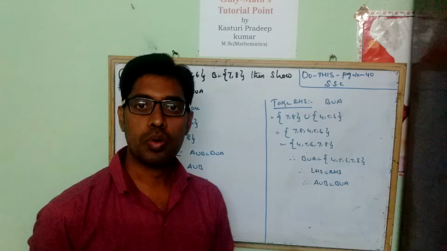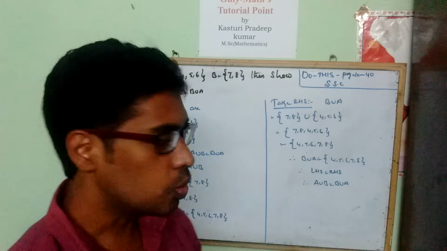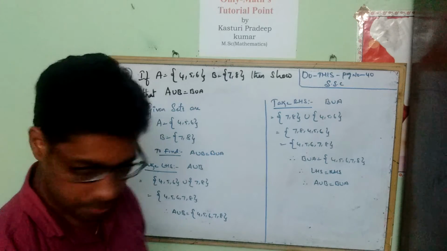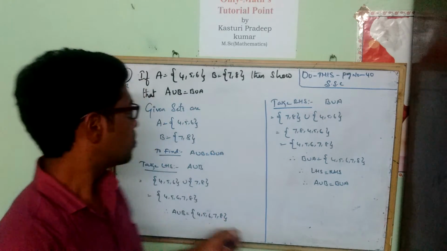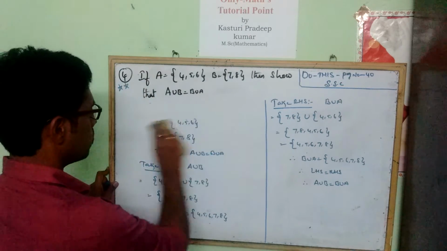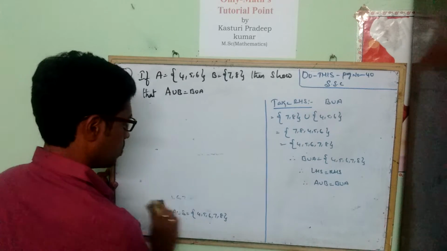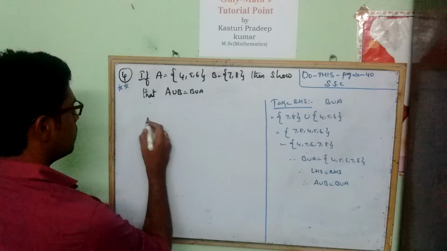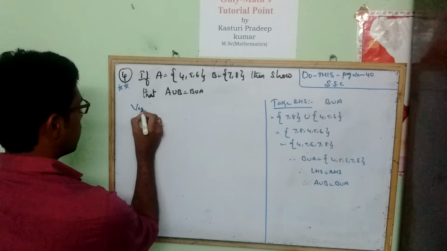Now the same sum, how can we do it in method 2, that is, using a Venn diagram? See here, using Venn diagram.